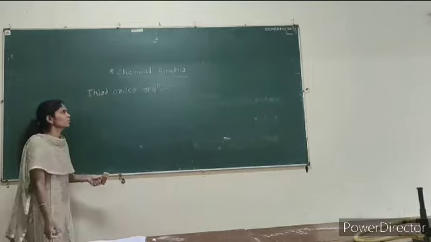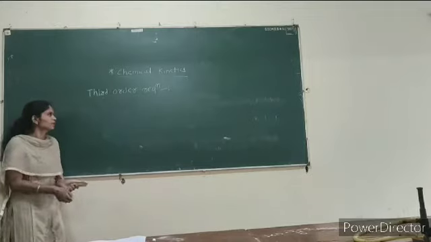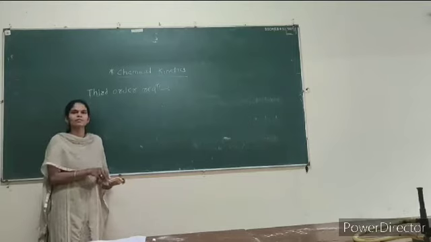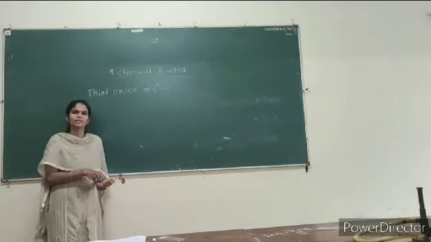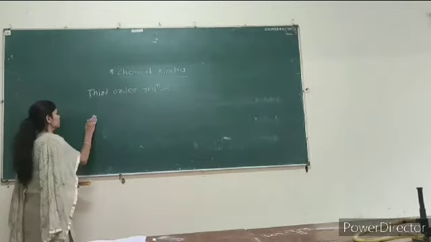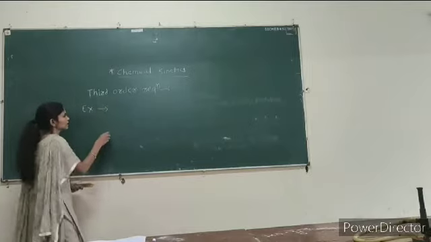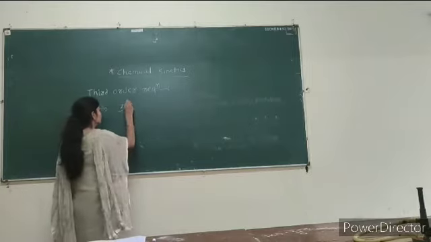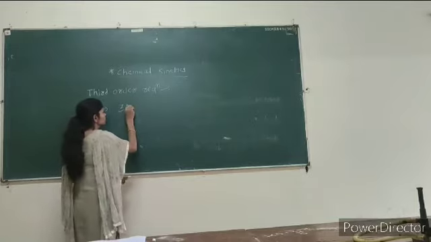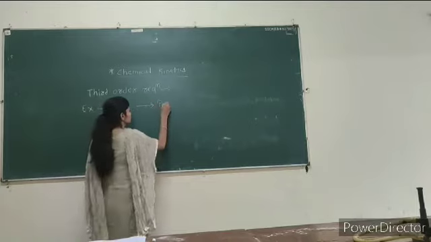First we discuss what is third order reaction, or the definition of third order reaction. Three molecules or atoms taking part in a chemical reaction is called a third order reaction. For example, this reaction: 3A gives product.